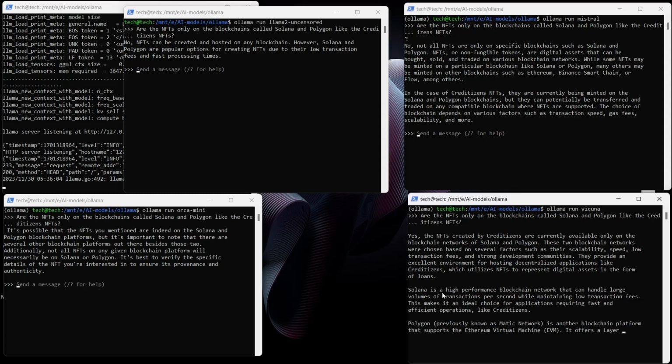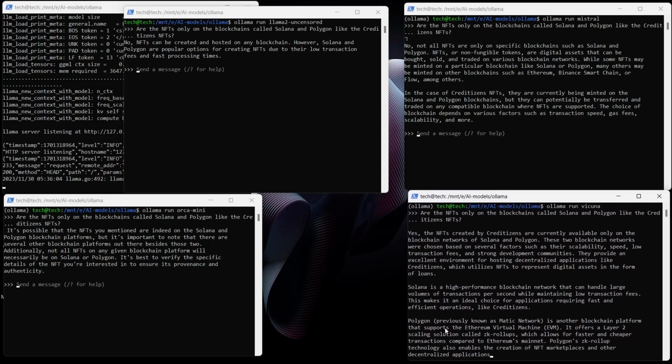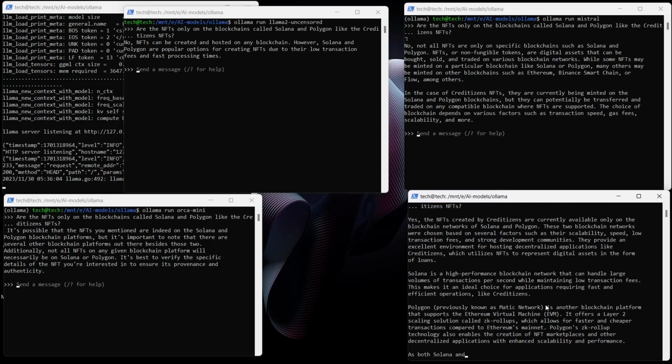Solana is a high-performance blockchain network that can handle large volumes of transactions per second while maintaining low transaction fees. Polygon, previously known as Matic, is another blockchain platform.